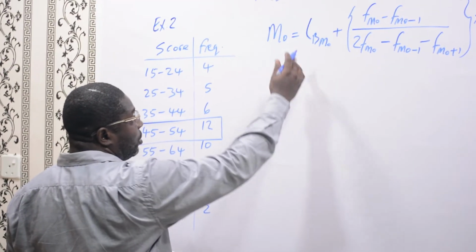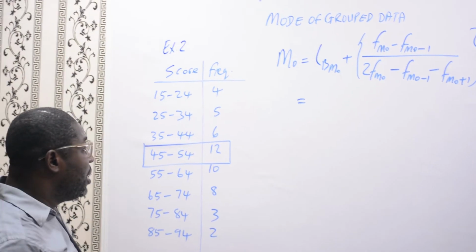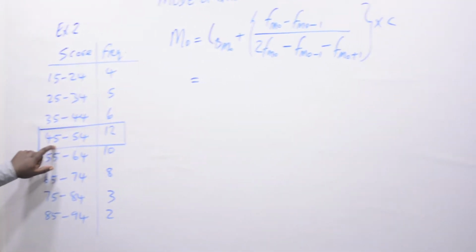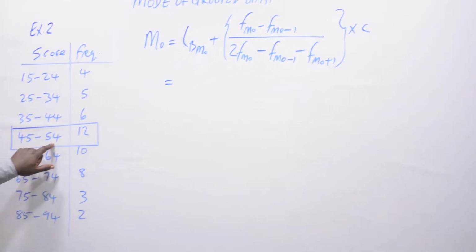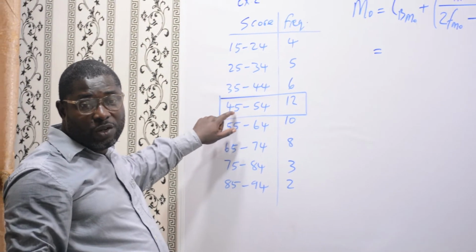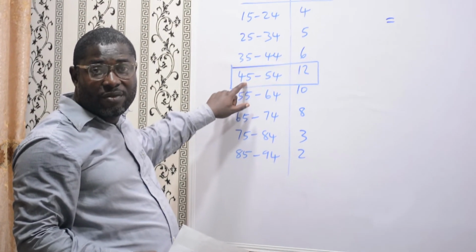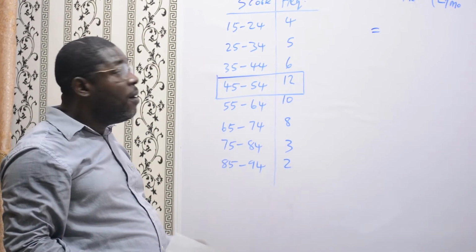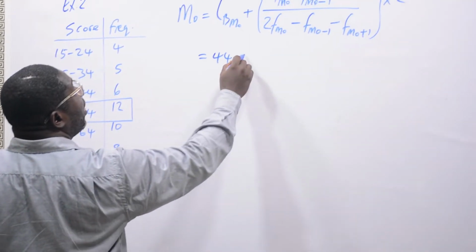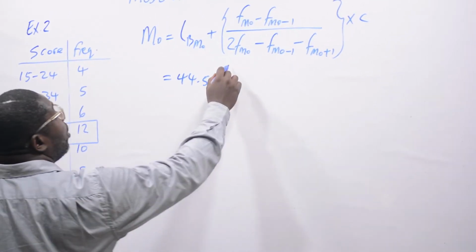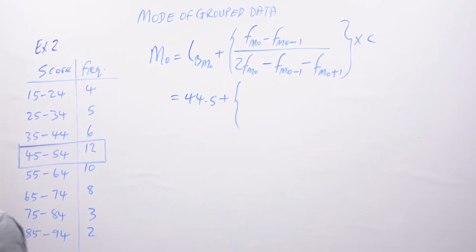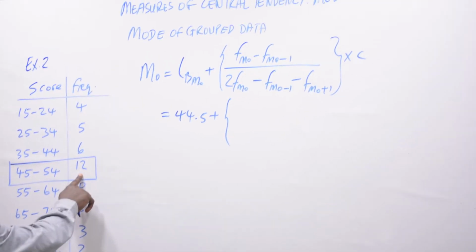What we'll now do is to plug in these values here. Now the modal class we have identified is this class of 45 to 54. So the lower class boundary of this class will be 45 minus 0.5, and that gives us 44.5. So this will be 44.5 plus, we open a brace, so that the frequency of the modal class, as you can see, is 12.